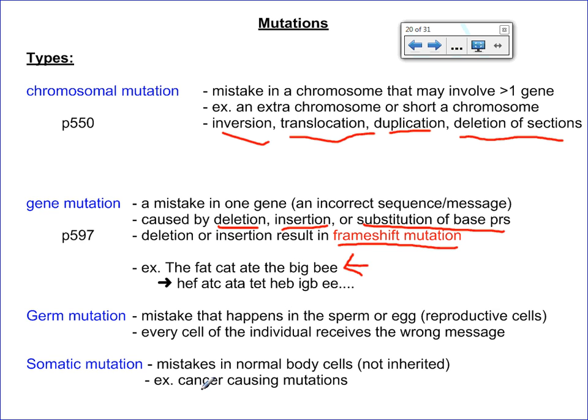So say it's caused by UV, and the UV was focused on the section on the back of your shoulder, then it's not going to affect all the other cells in the body. It's just going to affect those ones in that region on the shoulder. Those would be the kind that end up causing cancer, melanomas, things like that.